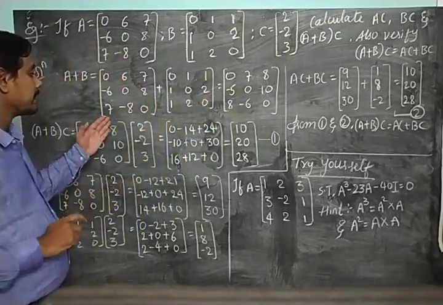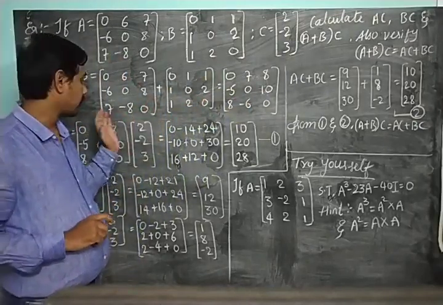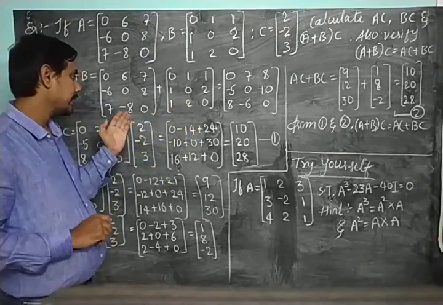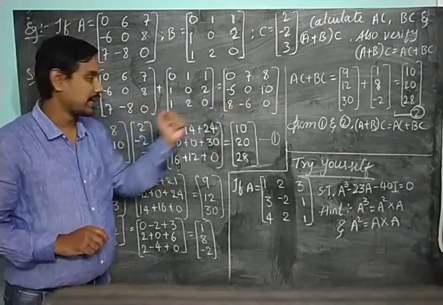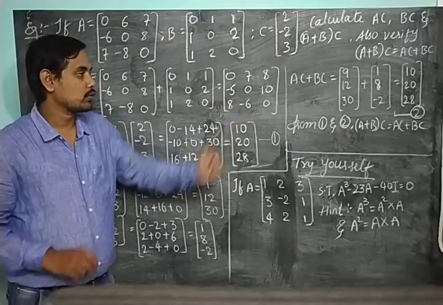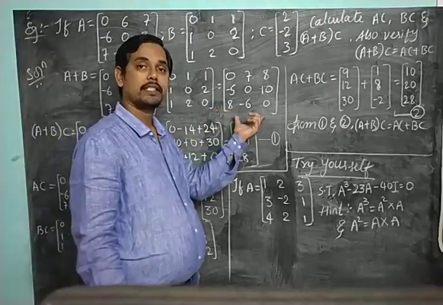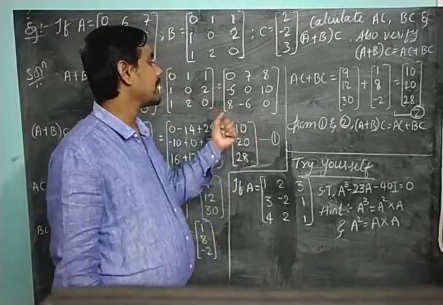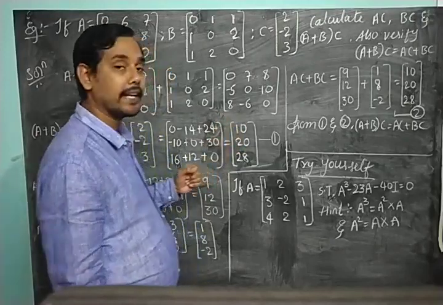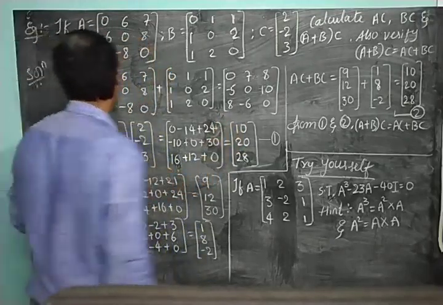And 7 plus 1, 8, minus 8 plus 2, minus 6, 0 plus 0, 0. So this is A plus B: 0, 7, 8, minus 5, 0, 10 and 8, minus 6, 0.